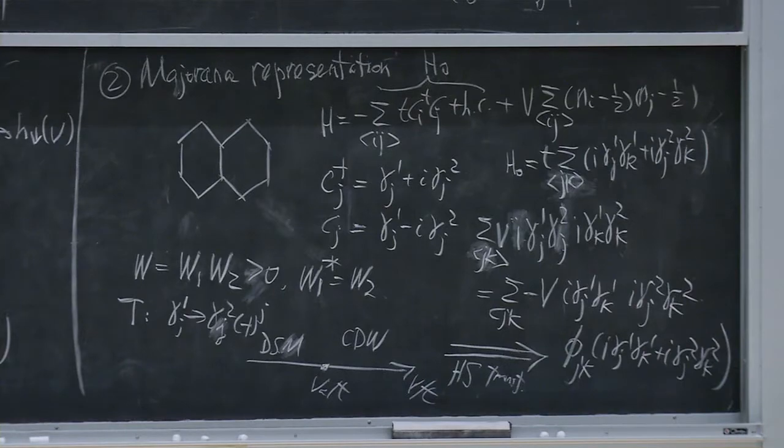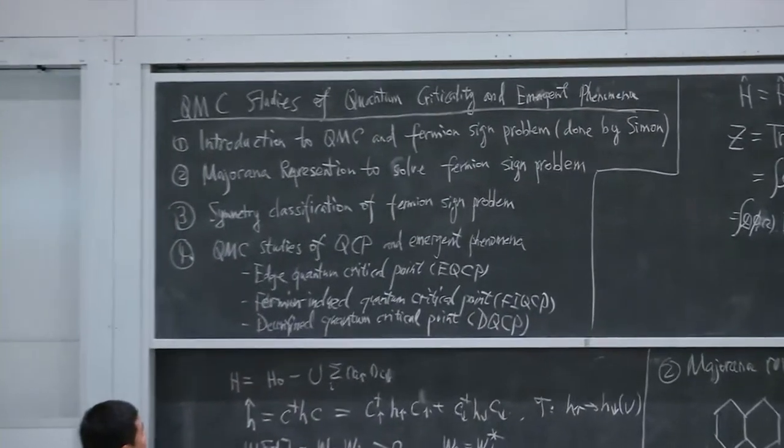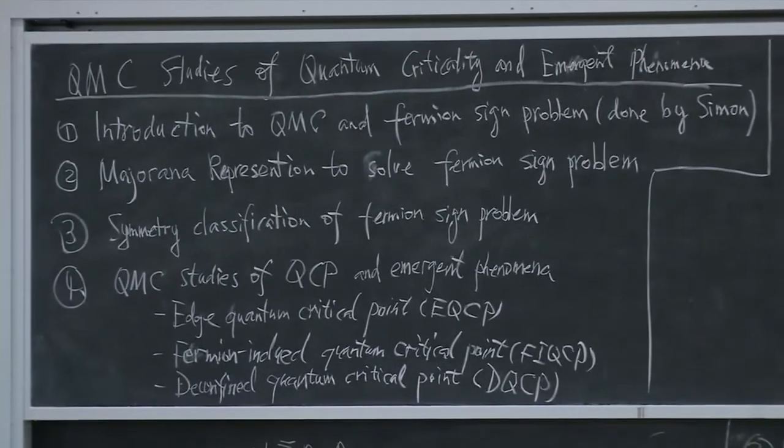So I guess the plan is to discuss the symmetry classification of the Majorana fermions. I will just sketch a little bit what kind of symmetry is required to be sign problem free for such an algorithm.